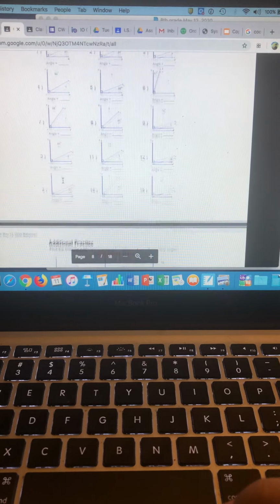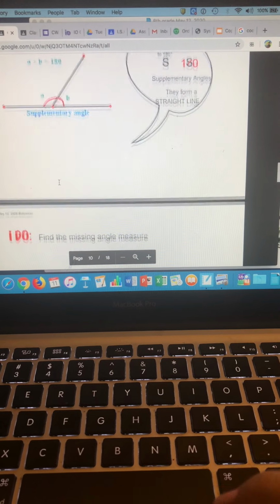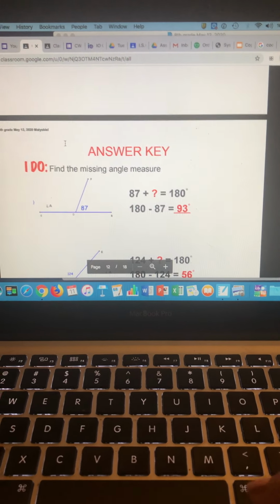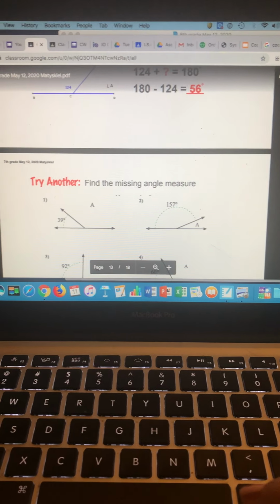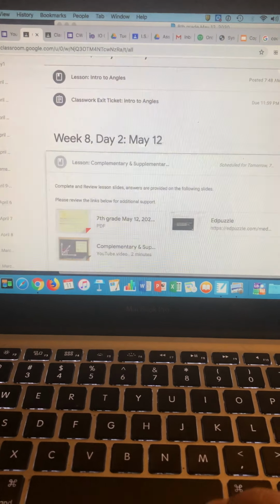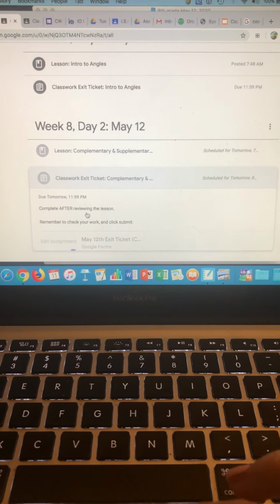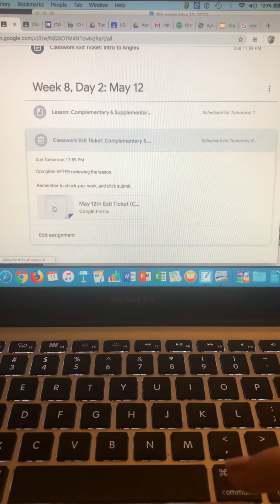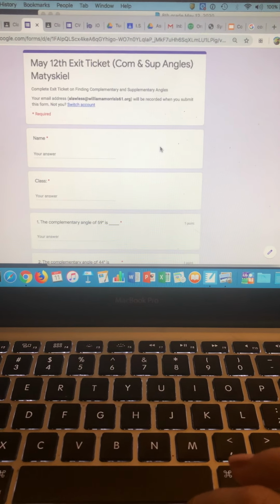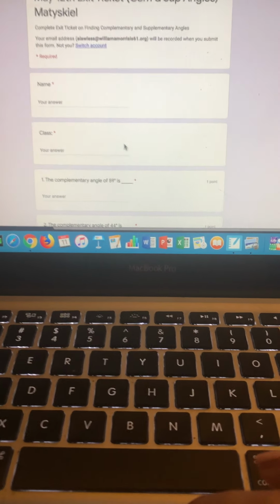Scroll through, there's a lot of extra practice problems. I suggest looking at, seeing if you could get the answer before looking at the answer key itself. And then once you feel confident, you're going to take your exit ticket, which is the Google form right here. Okay, I believe it's 8 questions, 4 on complementary, 4 on supplementary. So some of them are just in word form.